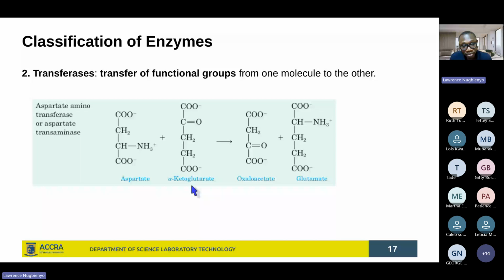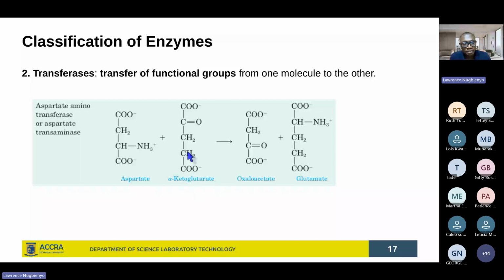Now, if you take aspartic acid and look at the second carbon from the bottom, there's an amine group on it. Now you take alpha ketoglutarate and look at the second carbon from the top, you see there is a ketone group there, C double bond O. Now look at oxaloacetate.